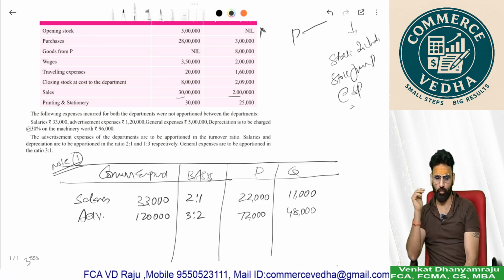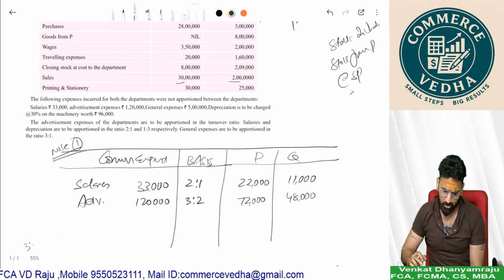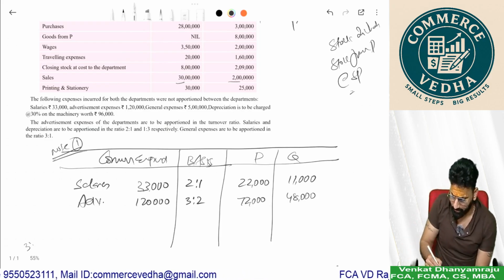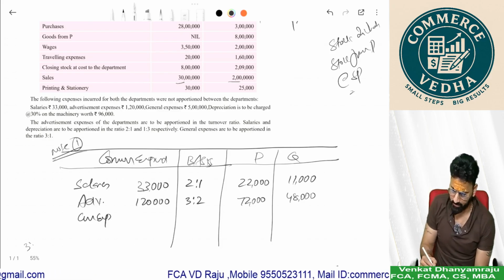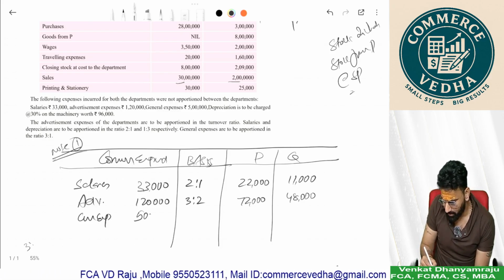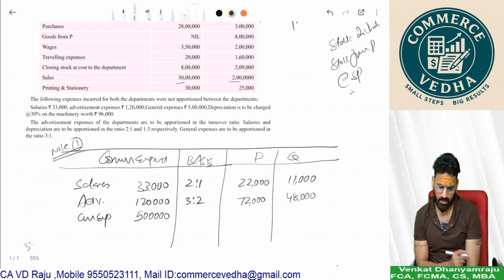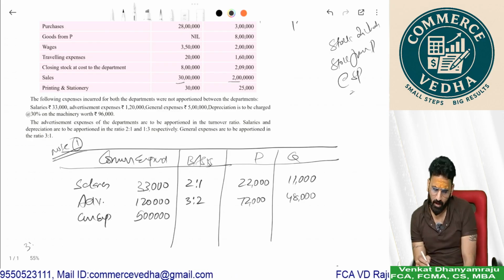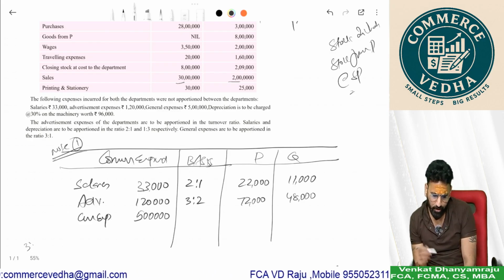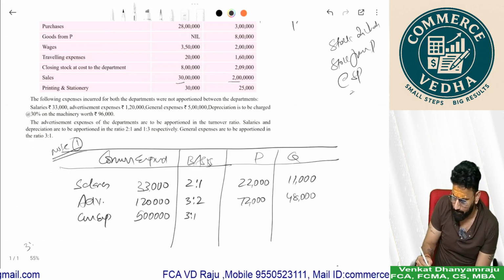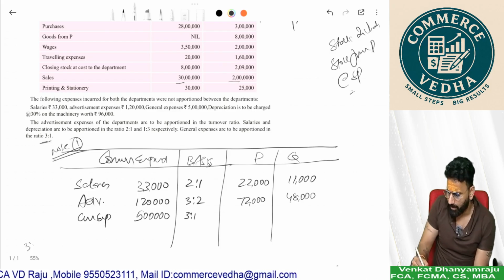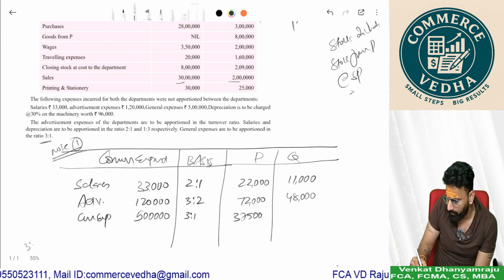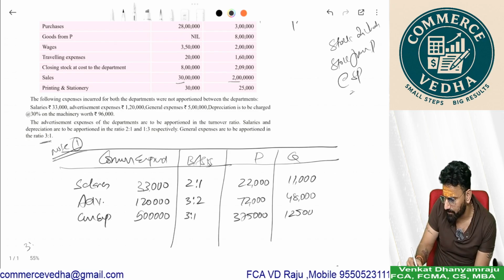And the third expenditure here is general expense. How much it is? 5 lakhs. And general expense, they said, is to be in the ratio of 3:1. By 4, 125 into 3, 375 and 125.